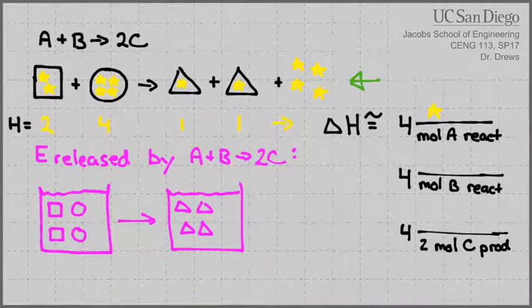I have taken an idealized system where I react exactly 1 mole of A with exactly 1 mole of B, and I produce exactly 2 moles of C. How do we take that idealized system and translate it to reality?